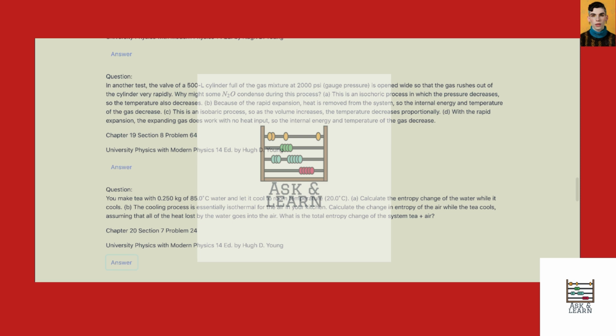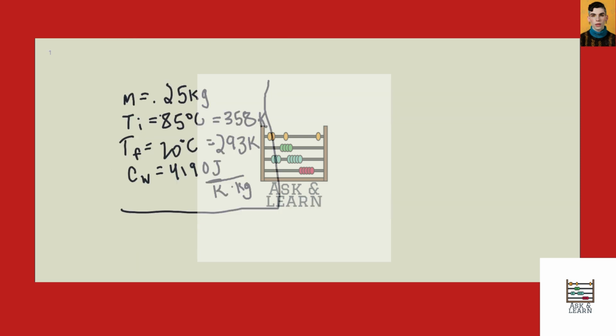So let's see. What exactly does the first question ask? The entropy of the water while it cools. So as the water cools, if it's changing its temperature, then we can say delta S is equal to MC times the log of T final over T initial.